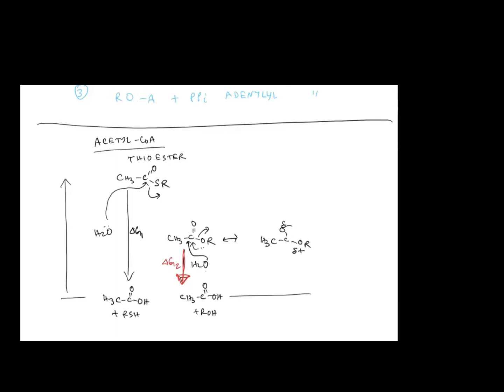That's why I brought this up. For acetyl-CoA hydrolysis, the delta G for a thioester is going to be quite high, about negative 31 kilojoule per mole. So this is another high energy compound, thioester. Okay.